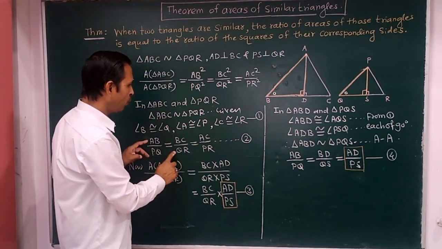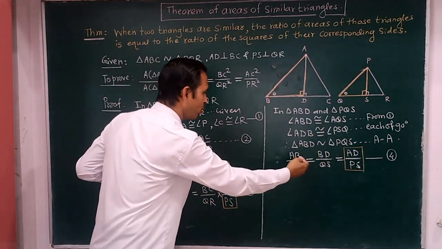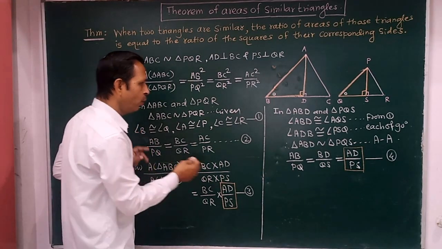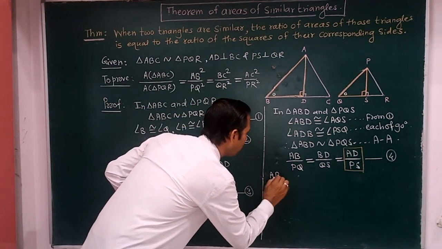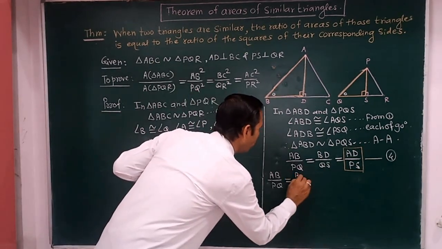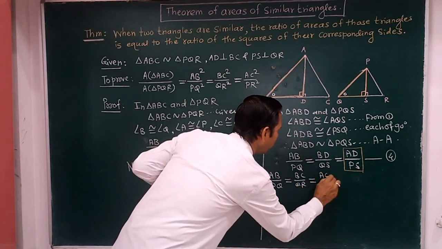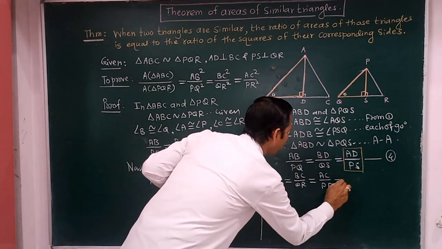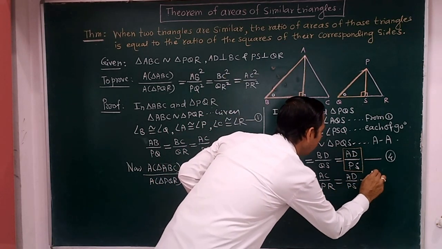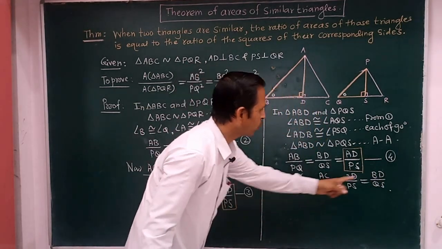So all these ratios are equal: AB upon PQ is equal to BC upon QR is equal to AC upon PR is equal to AD upon PS and again is equal to BD upon QS. All these ratios are now equal.